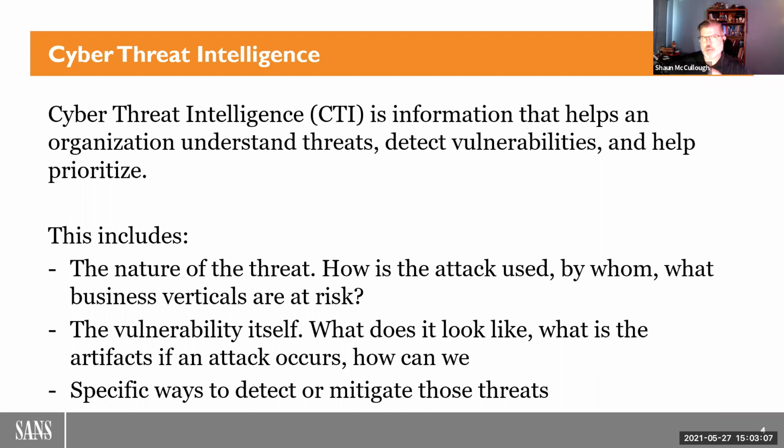There's what I call atomic indicators. This is things like IPs, domains, hashes, very specific pieces of information that say, if you see the hash of this file, because it's a bad piece of malware, then destroy it, right? Or if you see communication from this IP address, it's a known bad command and control, block it.